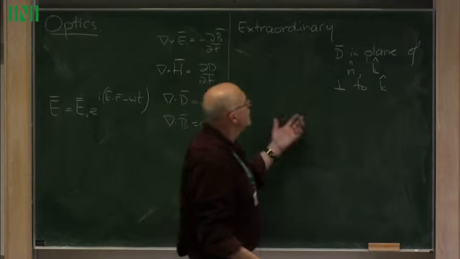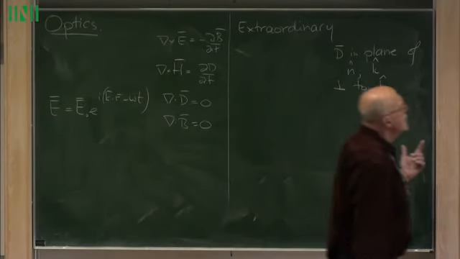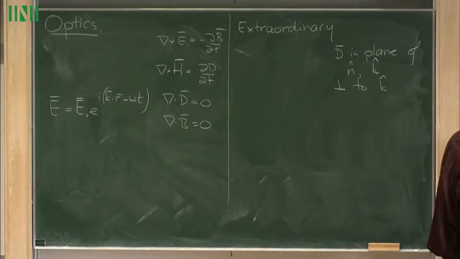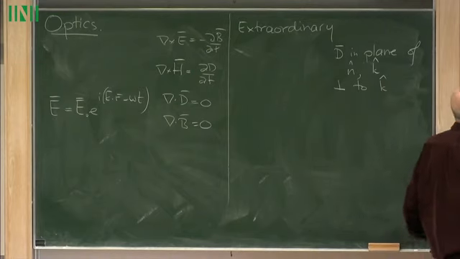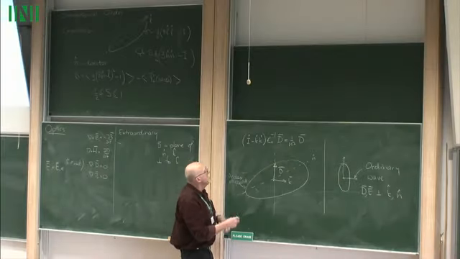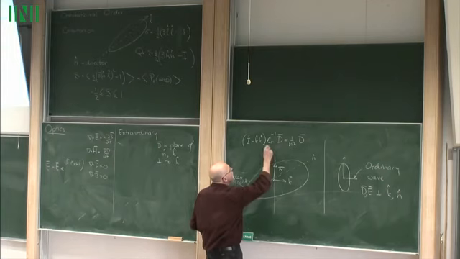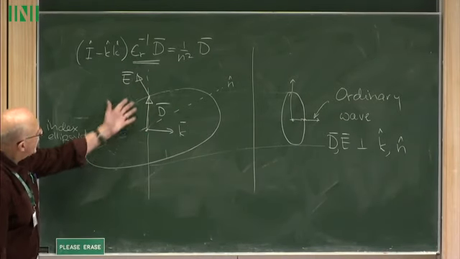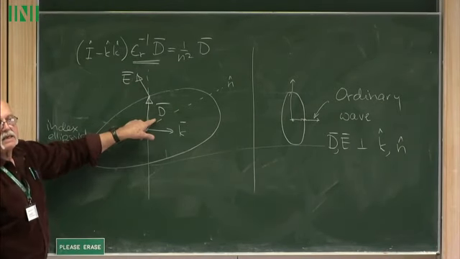And so that's the other mode. And now, interestingly, if this is D, then I have to multiply it with epsilon inverse to get E, and so I get exactly this. And we got that the electric field in this case is tilted back. It's not parallel to D.